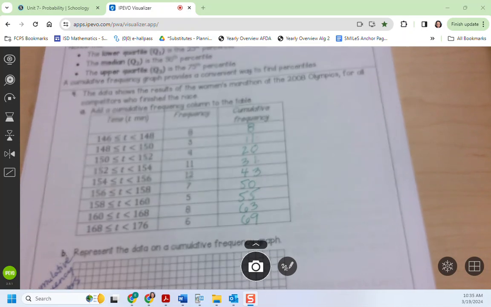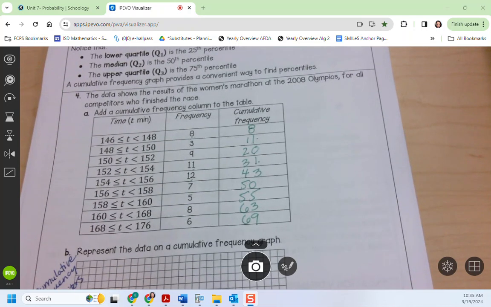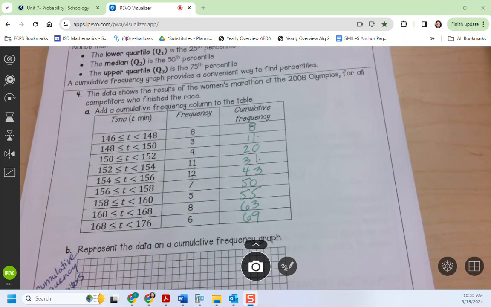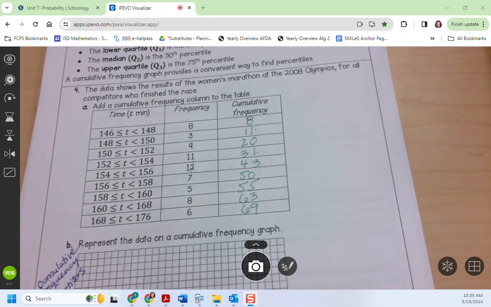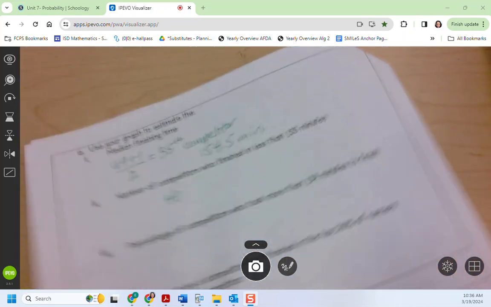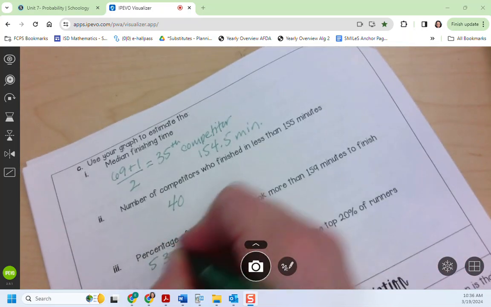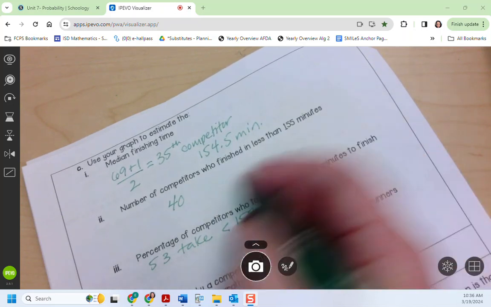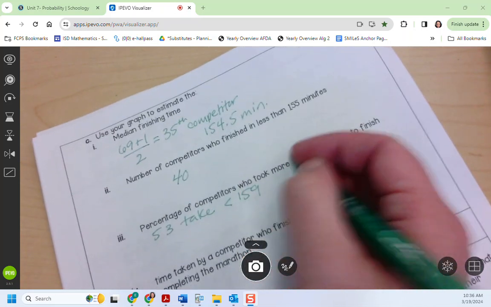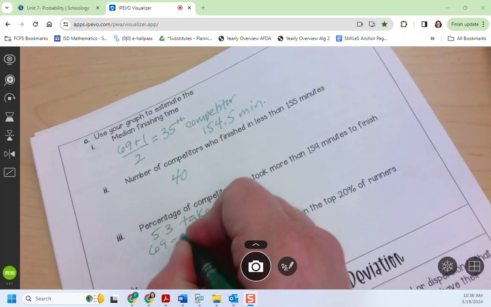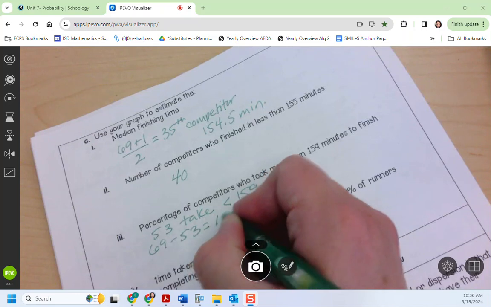Would you guys want to call that 52 or 53? 53? Okay. So we said 53 are going to take less than 159, but it says more than 159, right? So 53 take less than 159. And so how many are going to take more than? I'm just going to subtract it from the total, right? 16 take more than 159.